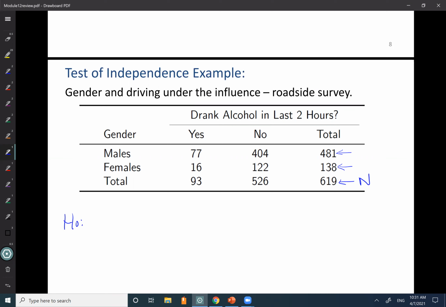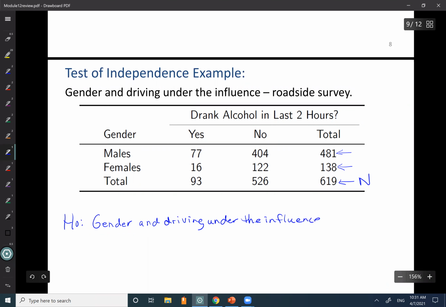Independent means there's no relationship between the two.